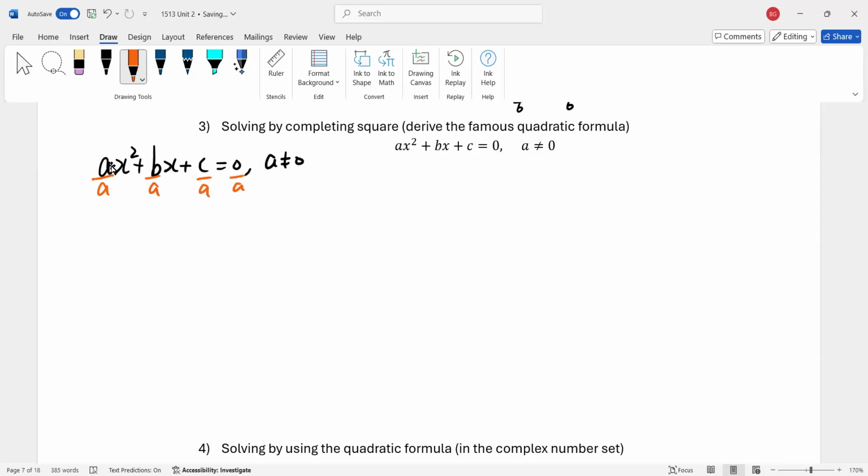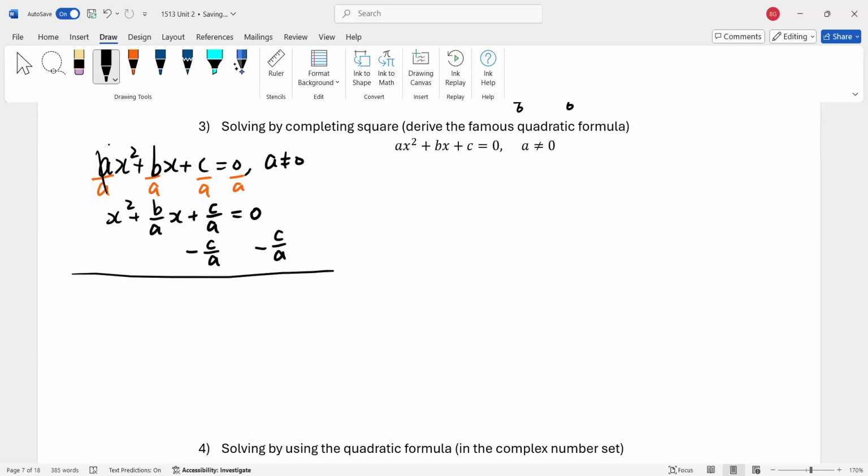Since a is not 0, it can stay in the denominator. Cancel. So we have x squared plus b over a x plus c over a equals 0. 0 divided by a is also 0. And then I'm going to get rid of the constant term from the left side.